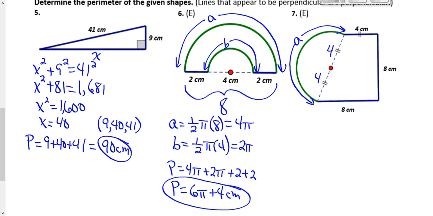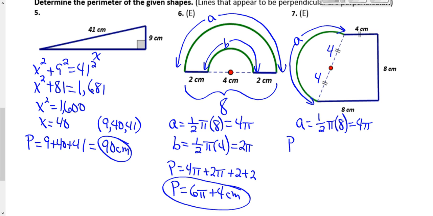As Olivia says, okay? And so then we can find this as doing A equals, so the whole thing is 8, right? 1/2 pi d, pi times 8, which equals 4 pi. Now we can just start adding stuff up, right?